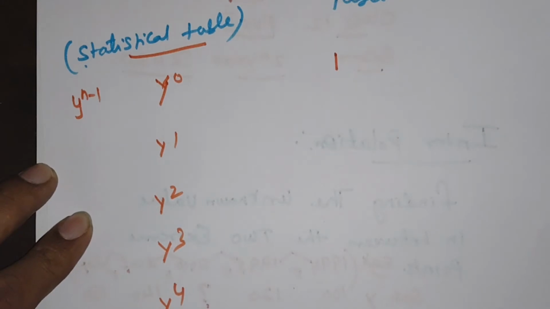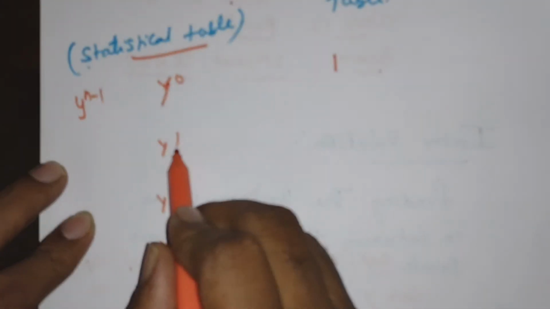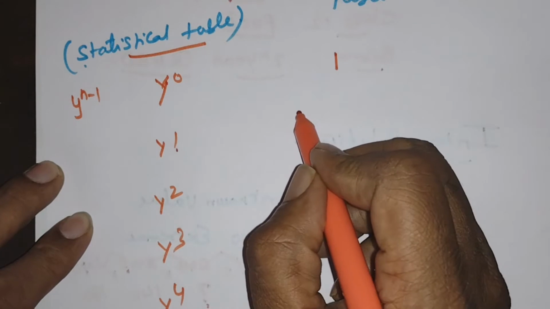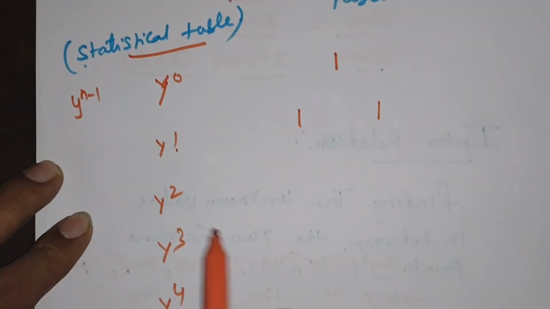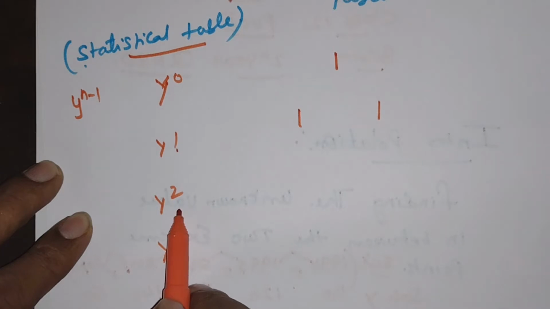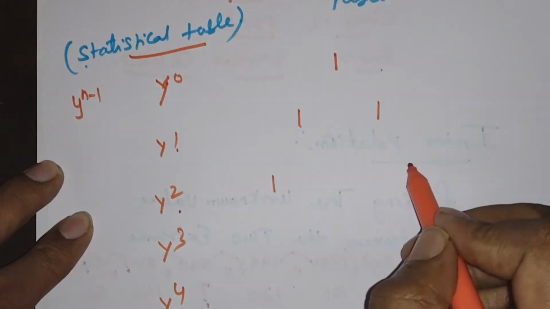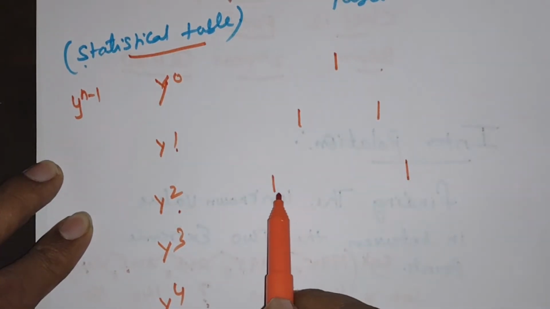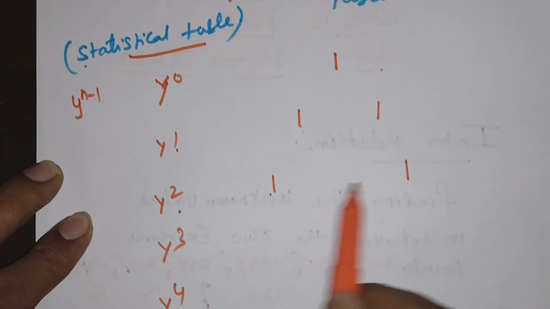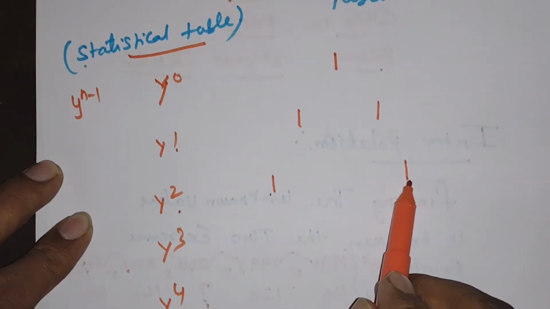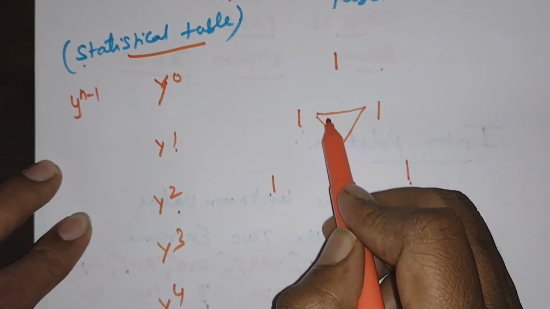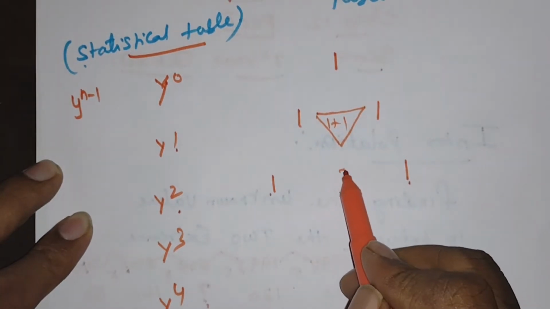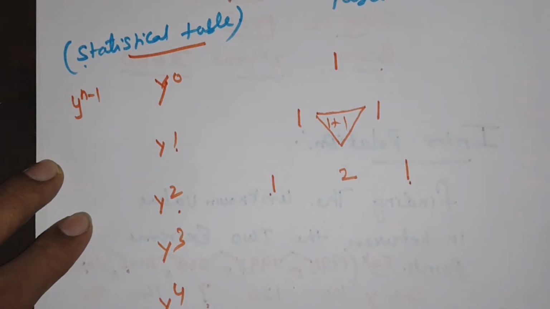And how this table will be expanded, let us see. y1 is there, but 2 values will be here. Next y2 is here, but you can find 3 values. With 3 values, always the first and last is 1. Now just add up this: 1 plus 1 is equal to 2.